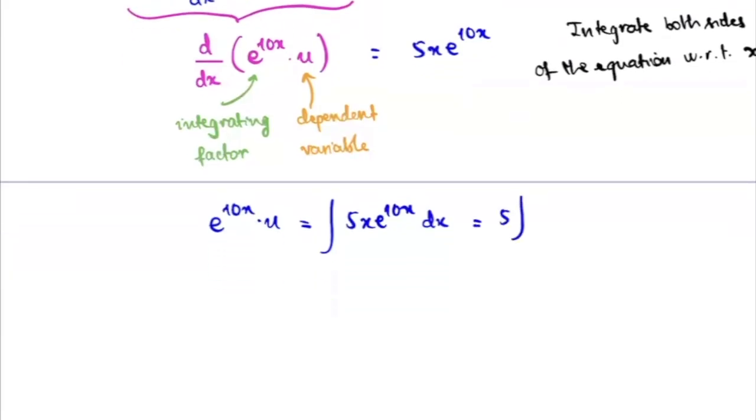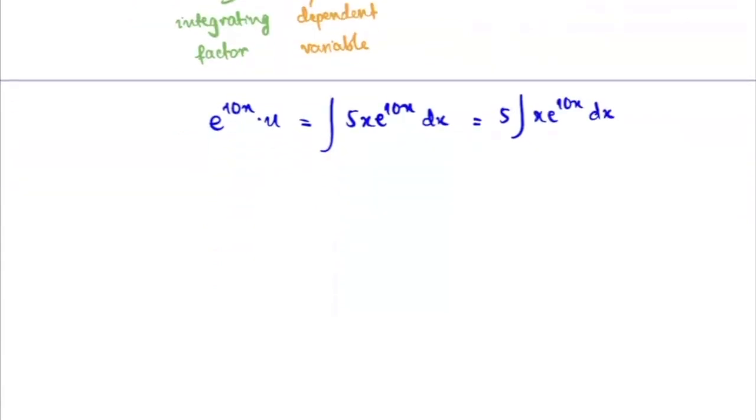I'm going to pull out the 5 for now. So let, it's going to be confusing, so let me use another letter here. Because we already have u, just to avoid confusion, I'm going to use z.